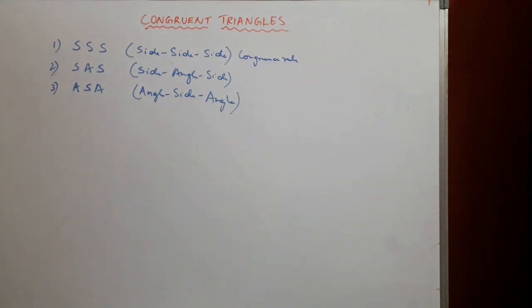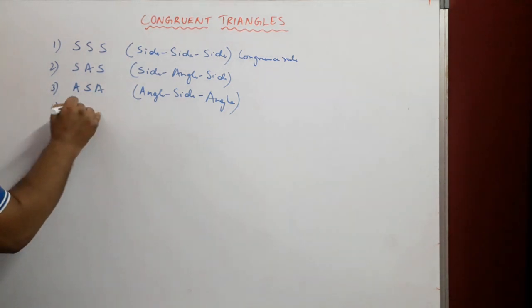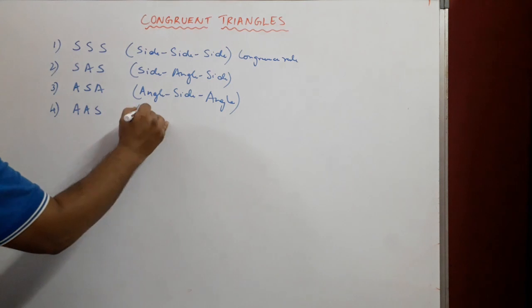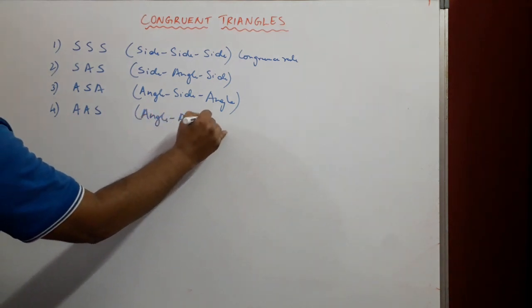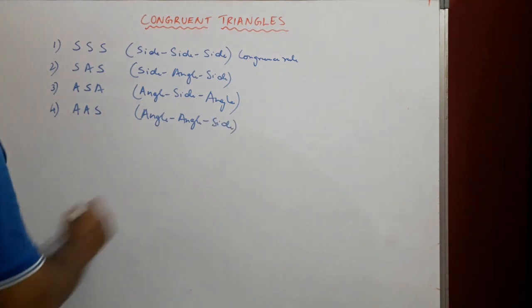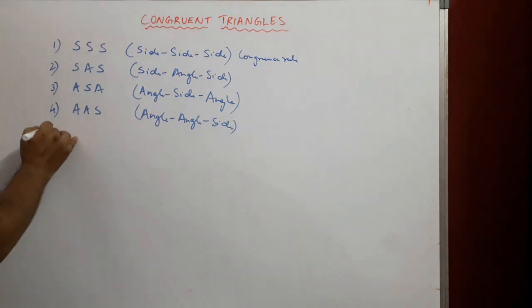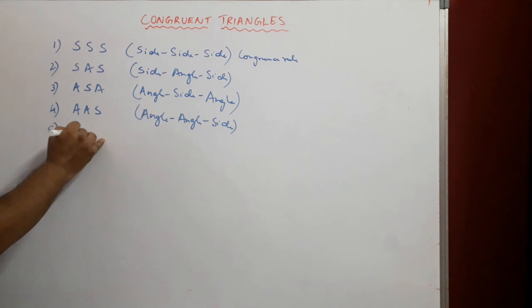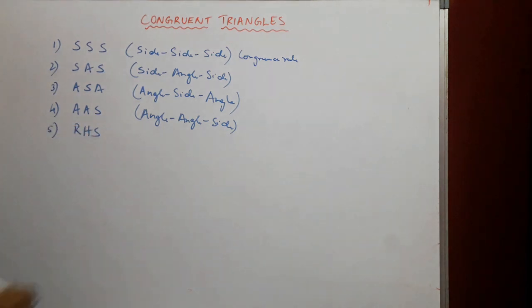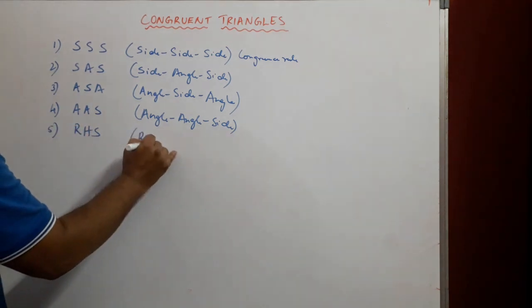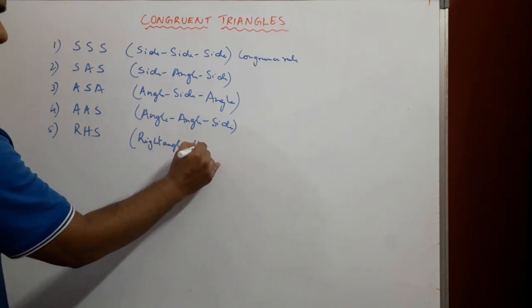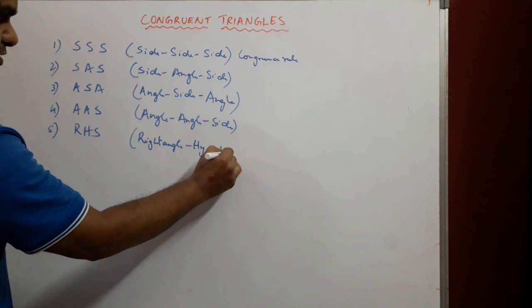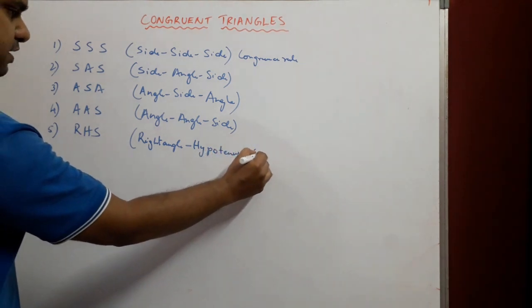Then our fourth way is AAS, or angle, angle, side. And finally we have the fifth one, RHS, which is right angle, hypotenuse and side.